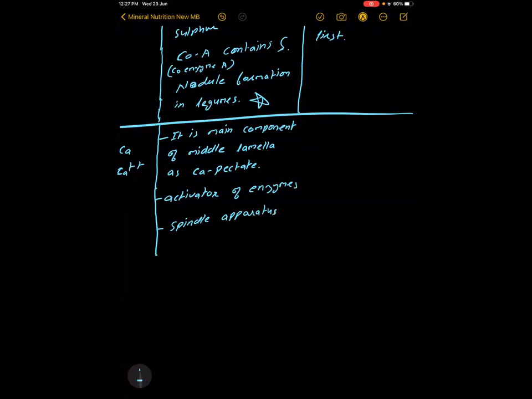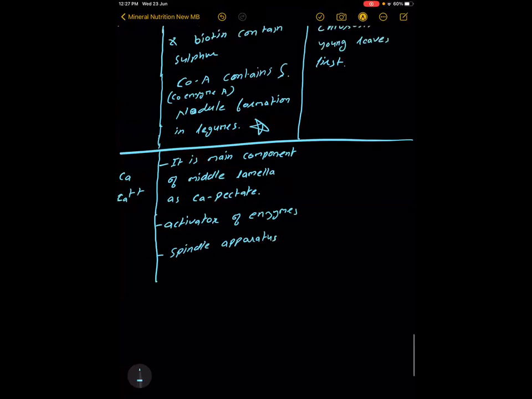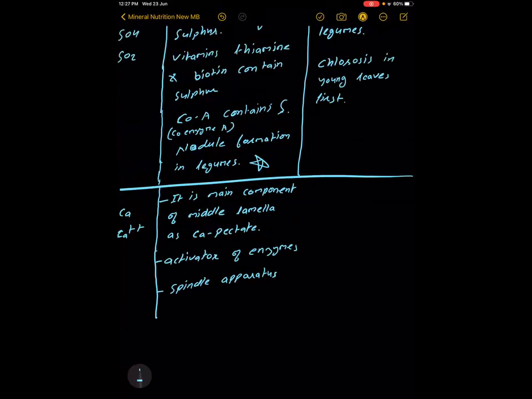It is the main component of middle lamella as calcium pectate. In cell cytology, these two cells have cell walls.